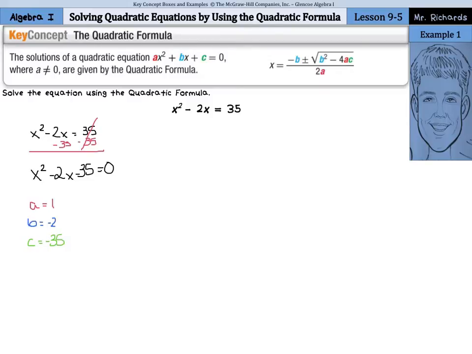So now that we have the equation into standard form and have defined our a, our b, and our c, we can now substitute this into the quadratic formula.